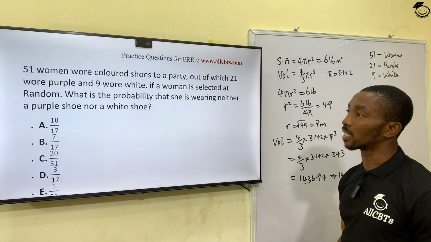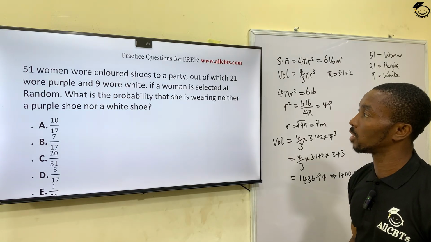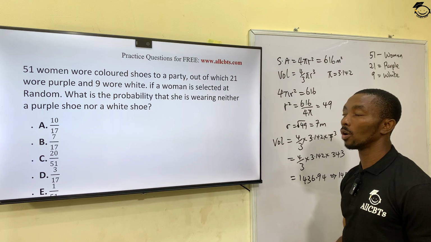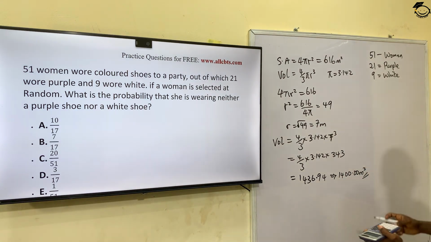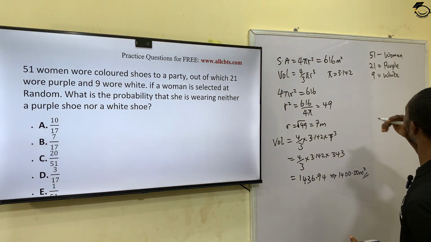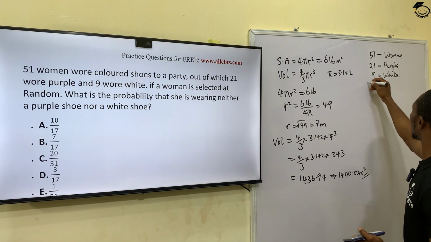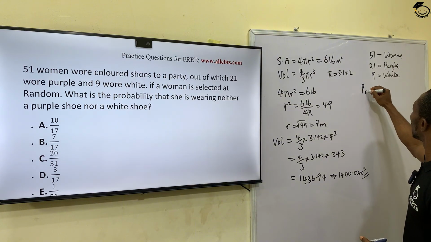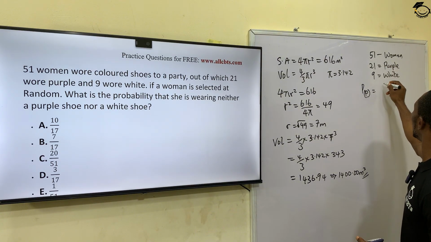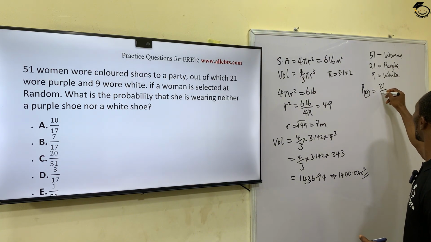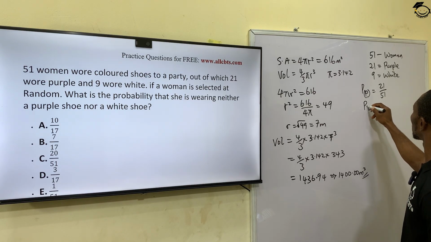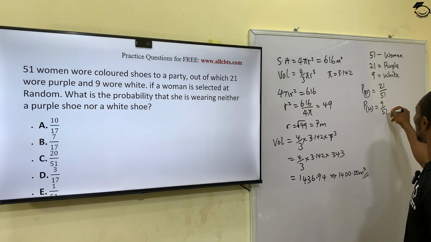If a woman is selected at random, what is the probability that she is wearing neither a purple shoe or a white shoe? So out of all this, we are going to have it as total number. We are going for us to have probability of purple would be 21/51, and probability of white would be 9/51.